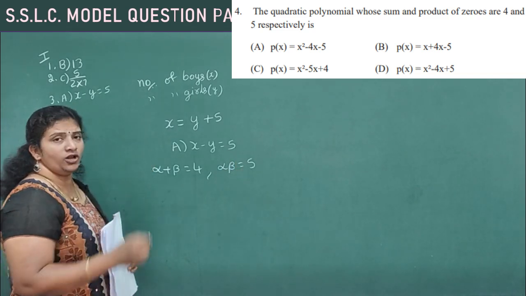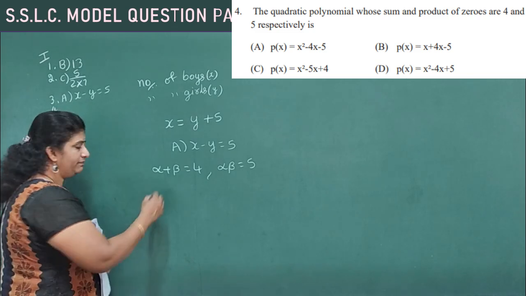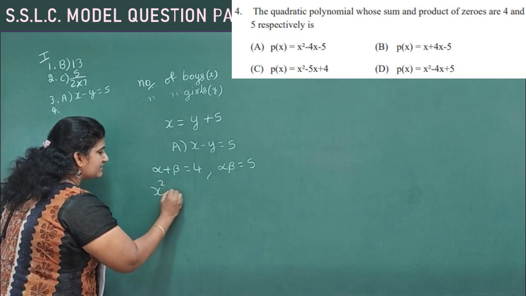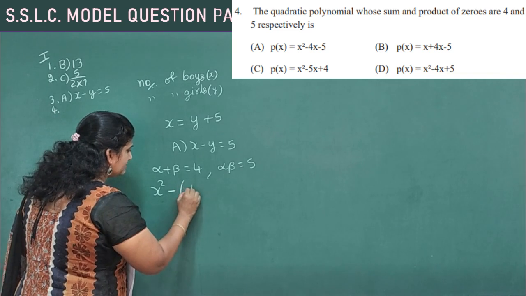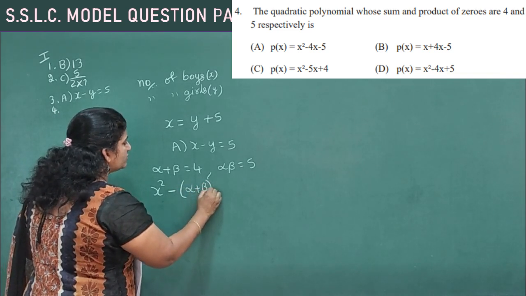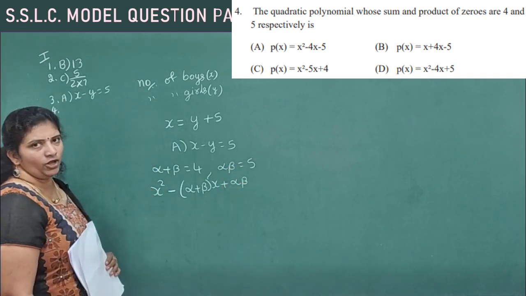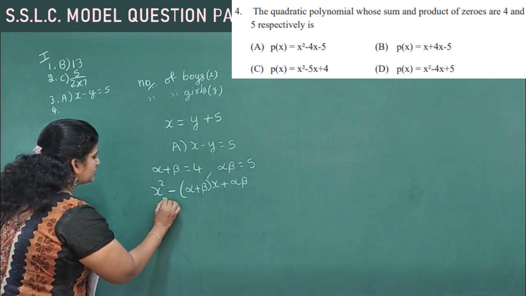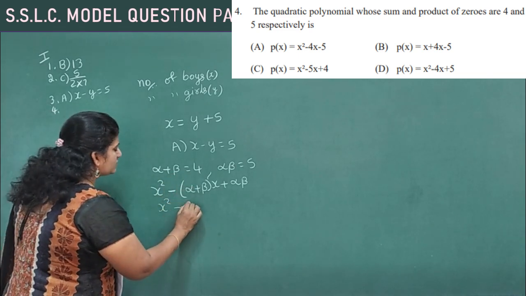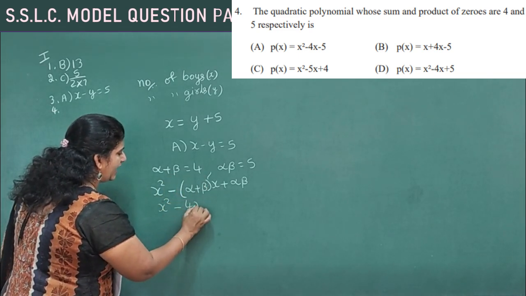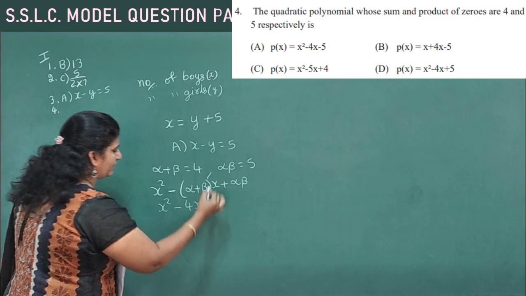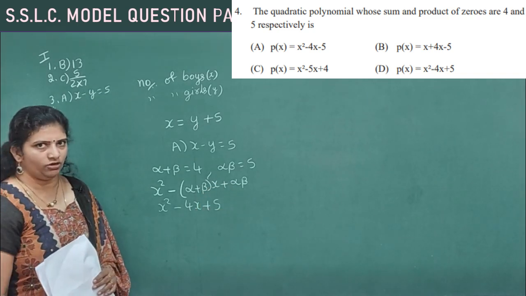So frame the polynomial. How do you frame? You know x square minus sum of the zeros into x plus product of the zeros will get the polynomial. So substitute the value: x square minus 4x plus 5. This is the polynomial.